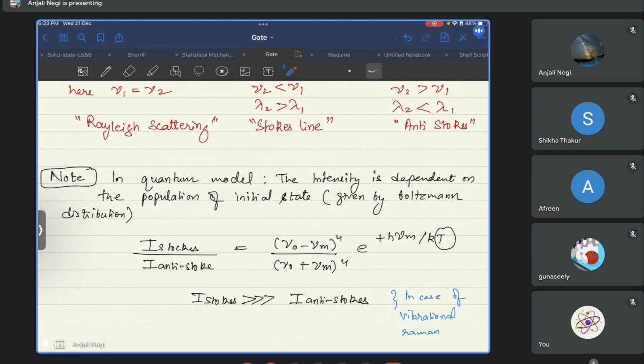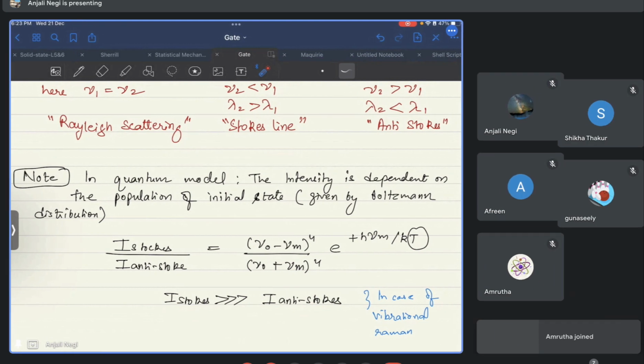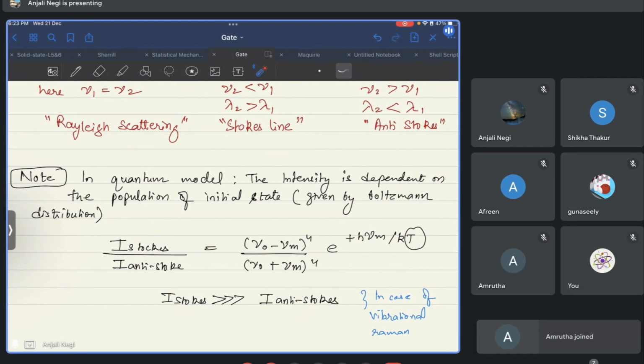Because the vibrational energy levels have very big gaps. As the vibrational quantum number goes 1 to 2 to 3 to 4, the gap increases, and hence the population density is much higher in the ground state.